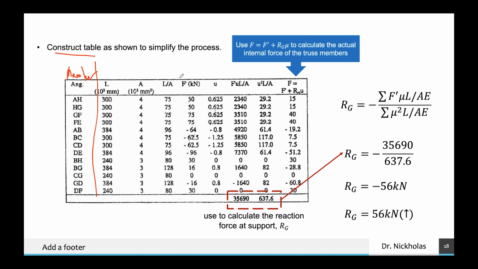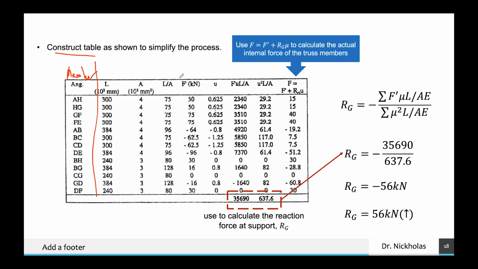Later we will find the total summation. So why is there a negative and positive value here? The negative means the member experiences compression, while the positive means the member experiences tension.